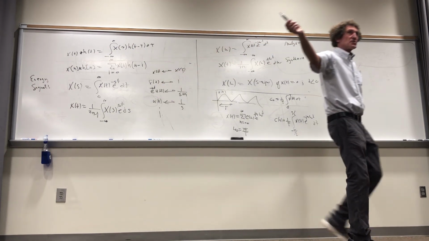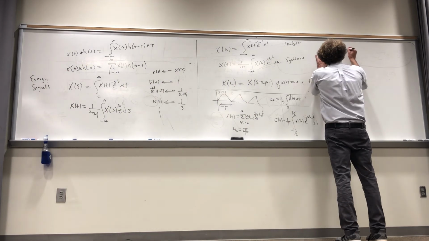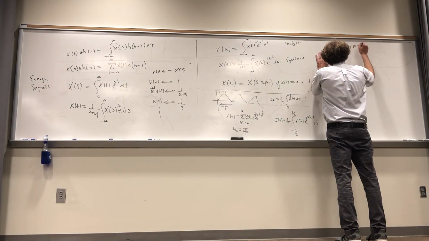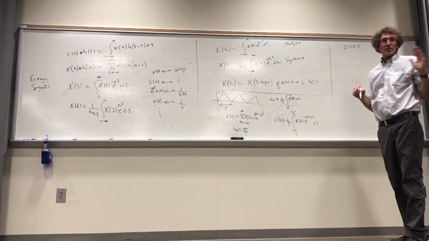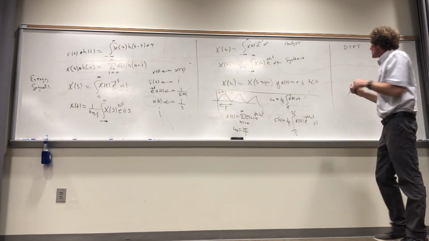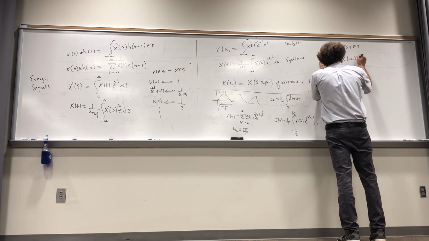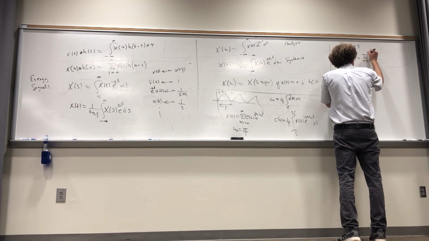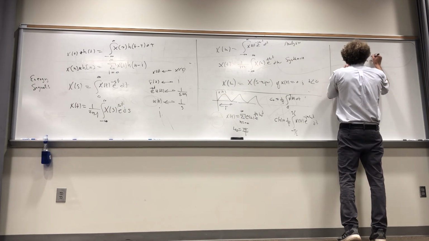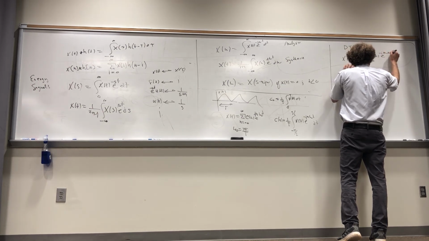Then we moved into discrete time. The first thing we did in discrete time is the DTFT. It's very similar to the discrete time Fourier series that we just talked about, right? For the discrete time Fourier transform, we had x of capital omega equal to the summation from n equals minus infinity to infinity of x of n times e to the minus j n omega.